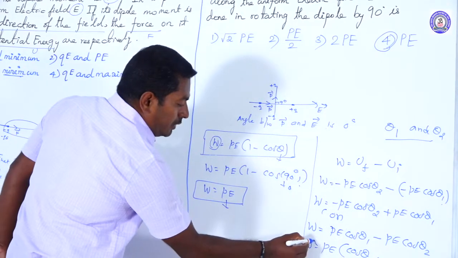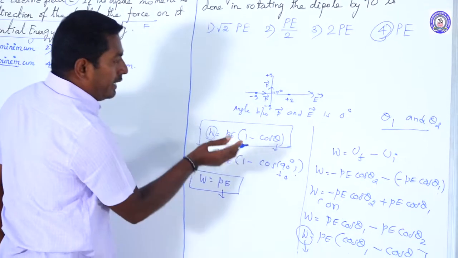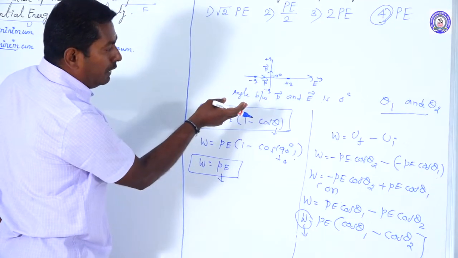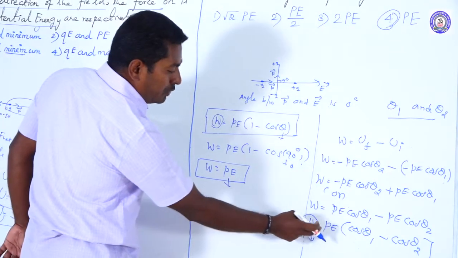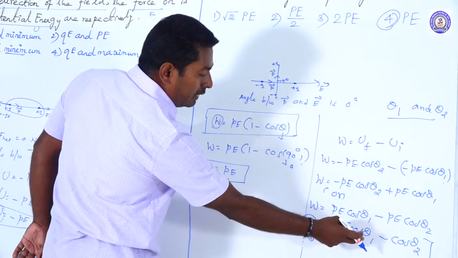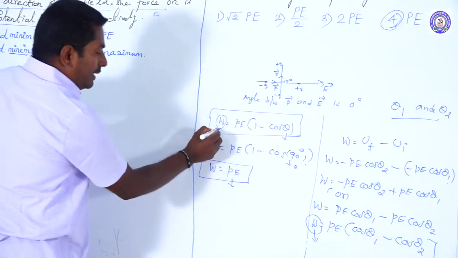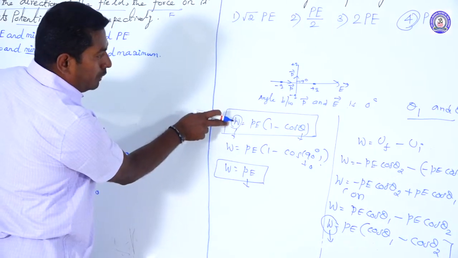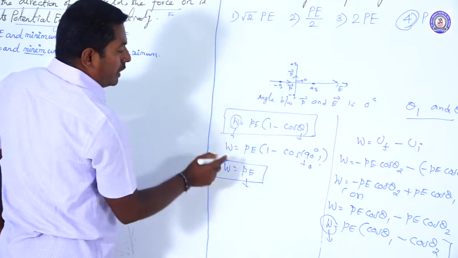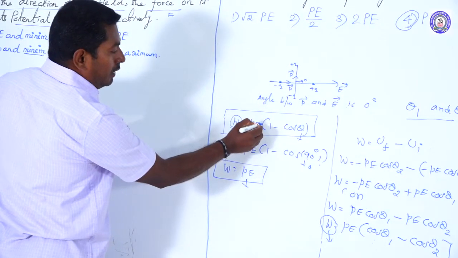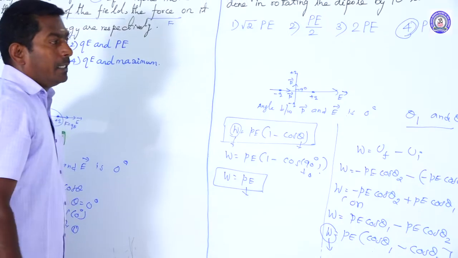This is the expression for the work done in rotating an electric dipole in a uniform electric field from an initial position to a final position at any other position. But when rotating from the parallel axis to any other position, W is equal to pE times 1 minus cos theta.